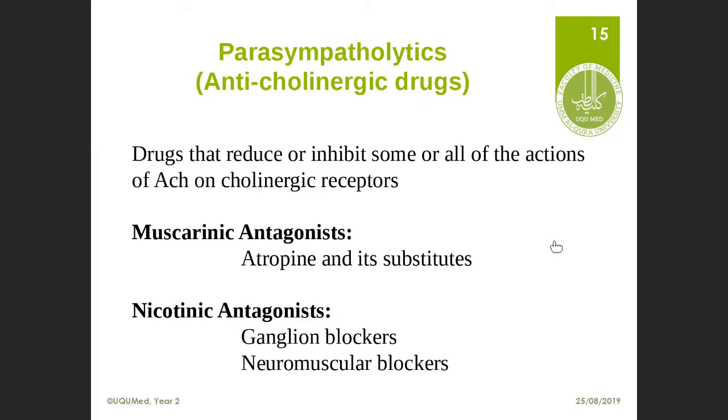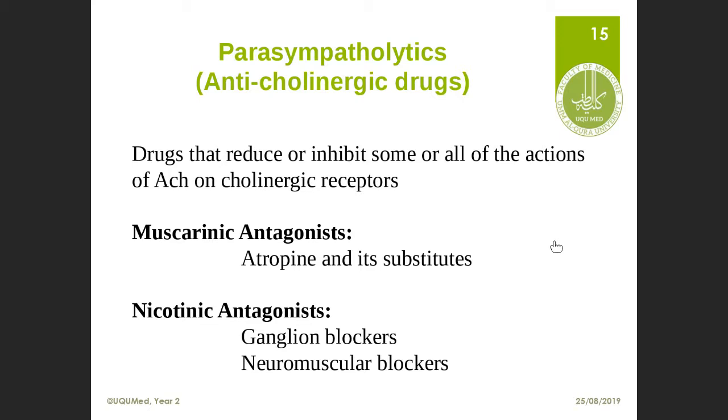Here we have a very clear classification: muscarinic antagonists act only on muscarinic receptors, and nicotinic antagonists act only on nicotinic receptors. The muscarinic antagonists are atropine and its substitutes, and the nicotinic antagonists have two classes: the ganglion blockers and the neuromuscular blockers.